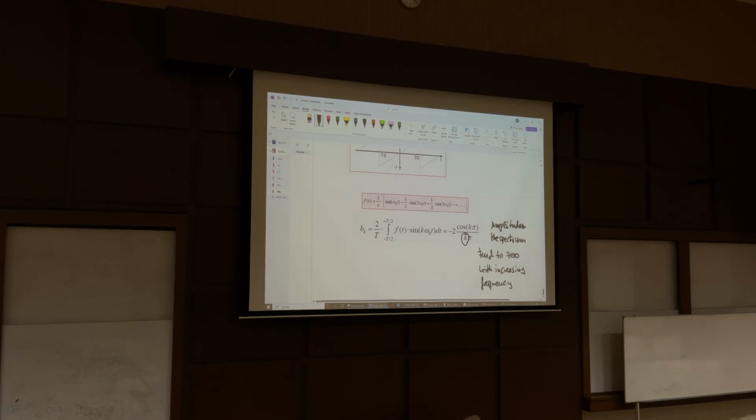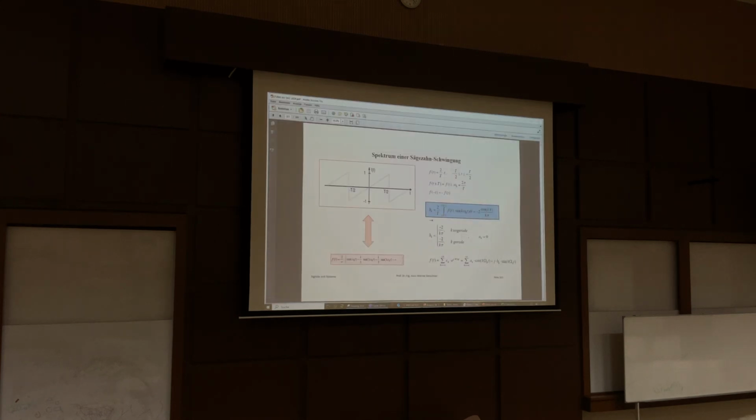Tend to 0 with increasing frequency, 1 over k. Yeah? This is the BK, and you see here 3, 2, 1, and this is going to smaller values.